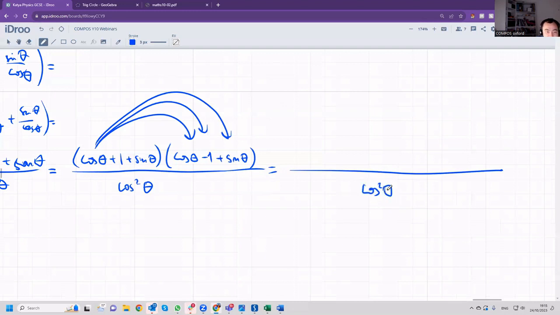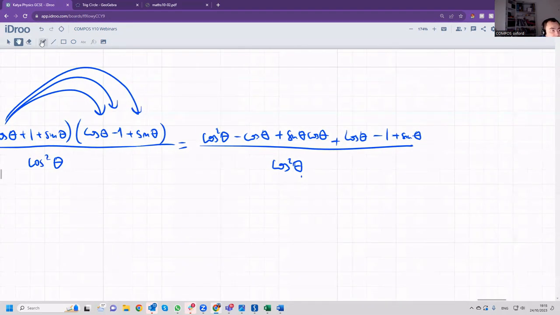So cos squared theta, then minus cos theta, plus sine theta cos theta, plus cos theta, minus 1, plus sine theta, plus sine theta cos theta, minus sine theta.